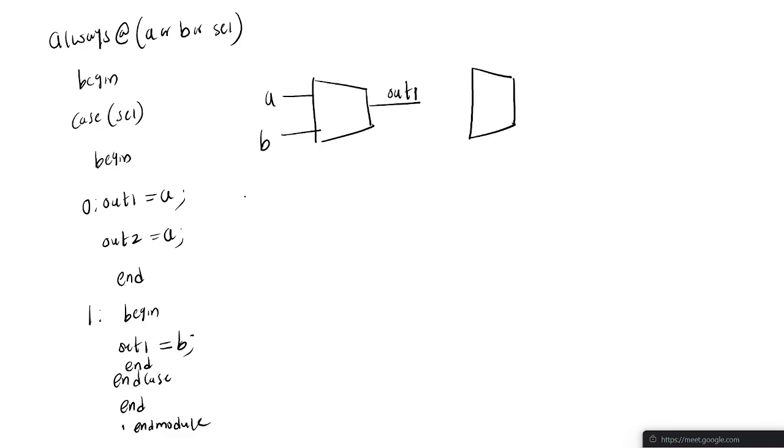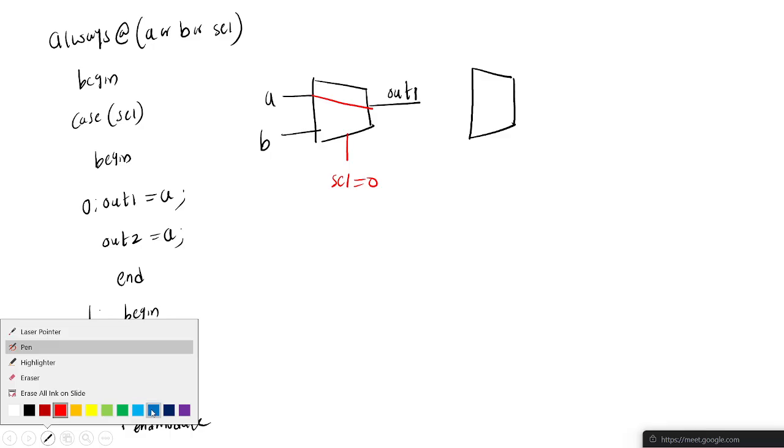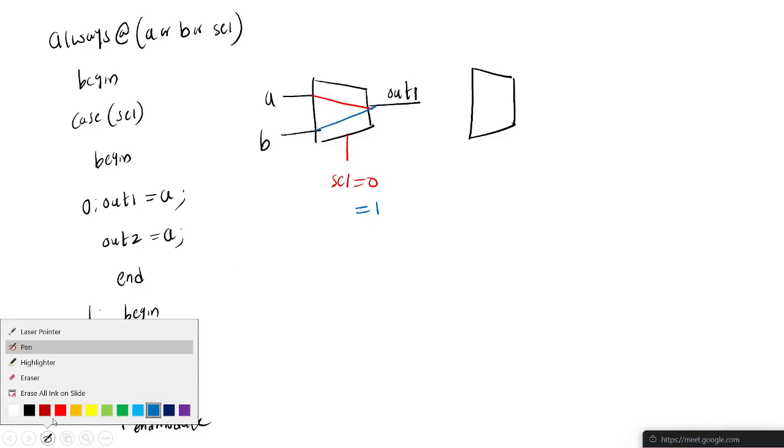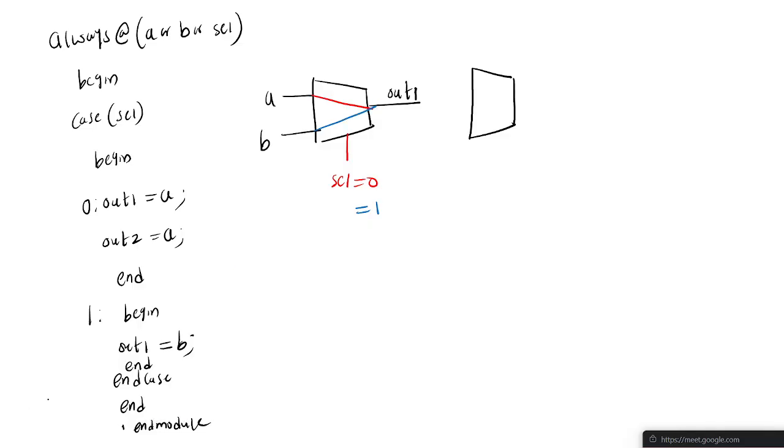That means depending on this logic, when selection line equals 0, out one is connected to A. Okay, when selection line equals 1, out one is connected to B. So again, one more 2 cross 1 mux, this is nothing but B.